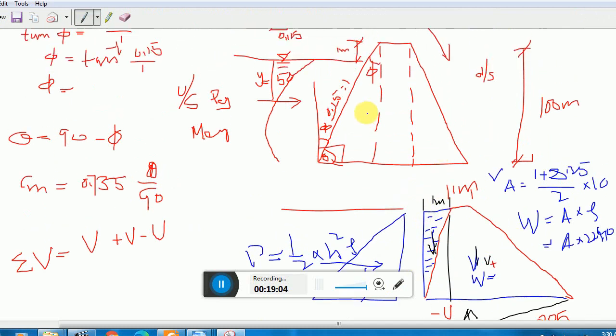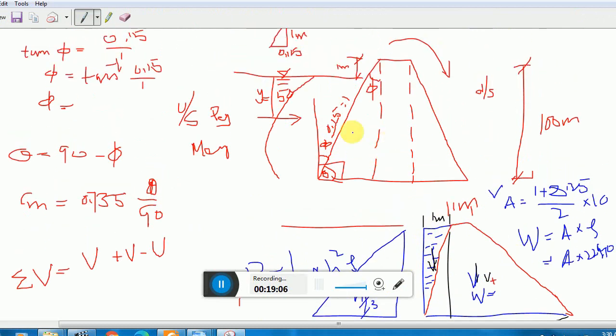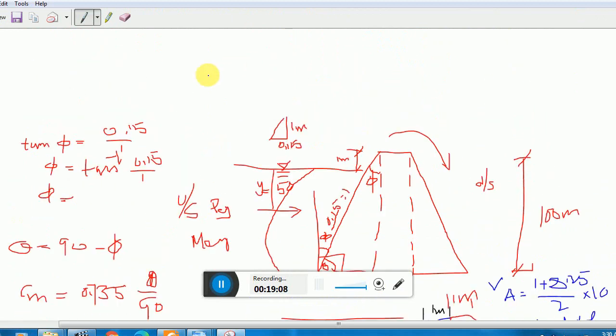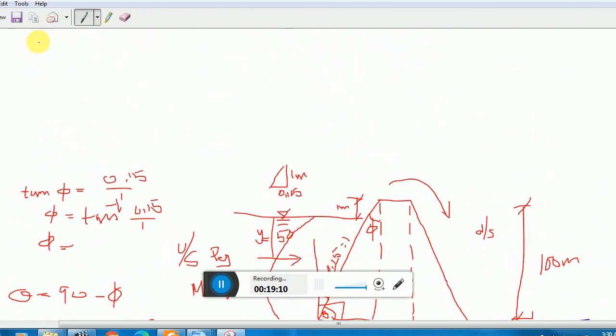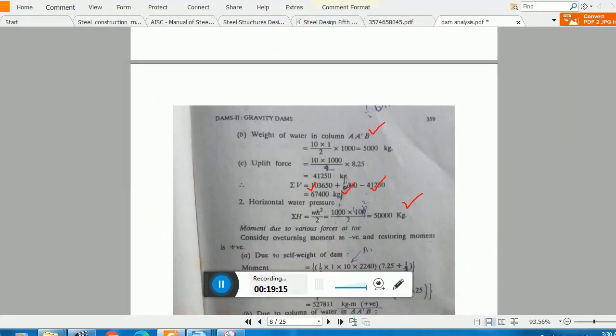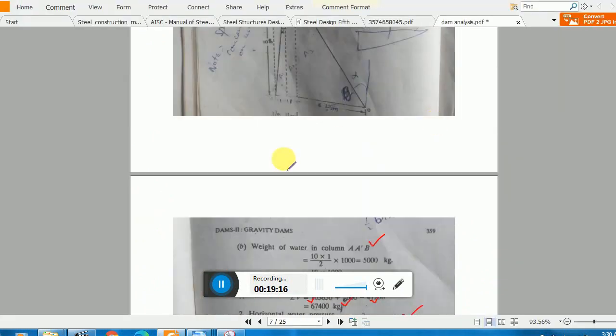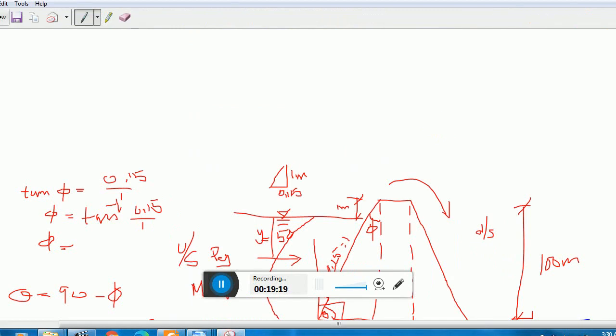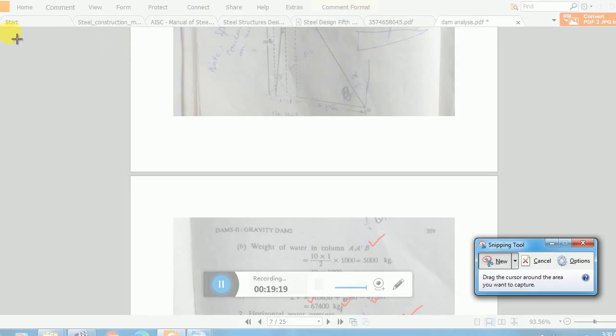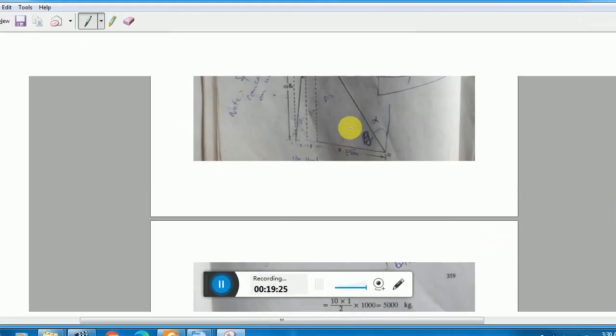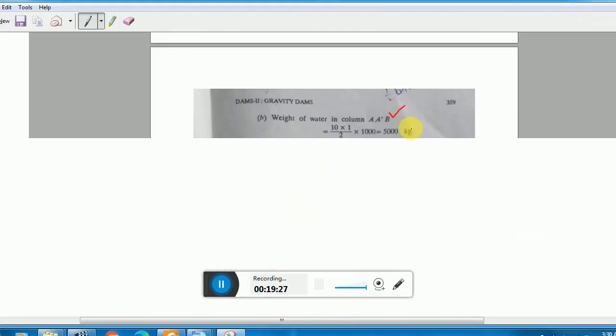Let me show you. Here we have to bring a new page. Let me draw the figure again.